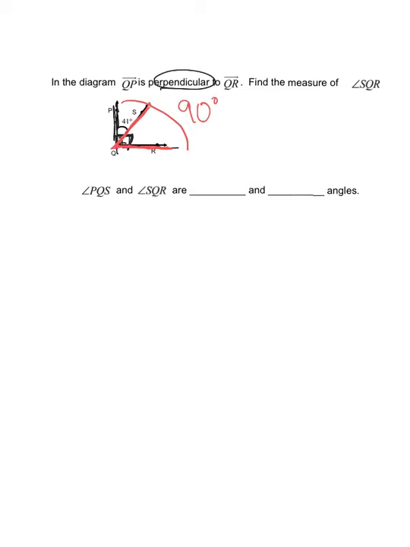We know this angle is 41. They want us to find this angle. It is super helpful if you trace the angles that they're asking you about. Because they want to know about SQR, we traced it so we can understand it.